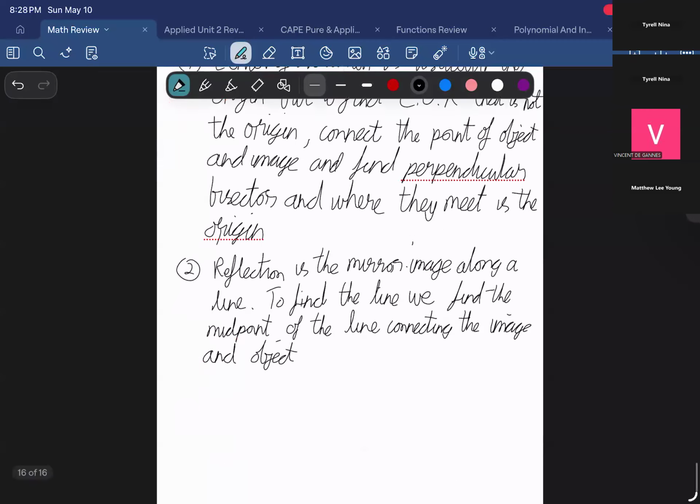So for example, right, what I mean like that. So say I had this triangle here, and then I have this triangle here, then this line here. This is the mirror line. That's what I mean.